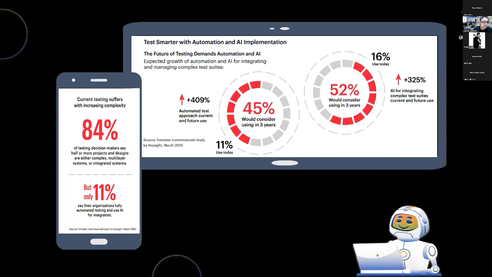In terms of the survey, there was a very promising need for AI adoption, where 45% of the leaders considered getting closer to adopting AI-specific techniques in the next 3 years, and 52% would like to use AI for complex test suites. This is very promising for us when it comes to smarter automation with the power of AI.